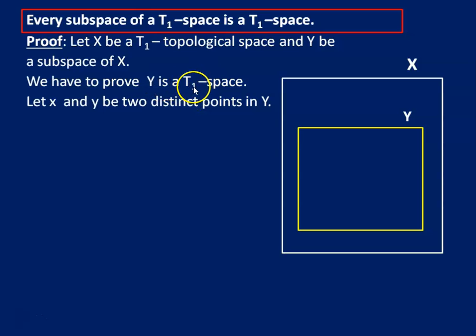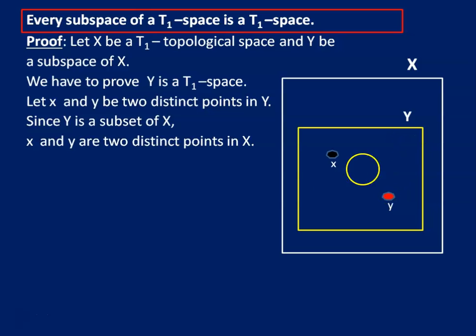Now to prove Y is a T1 topological space, let us take two distinct points x and y in Y. Since Y is a subset of X, these two points x and y also belong to X. So we can say that x and y are two distinct points in X.